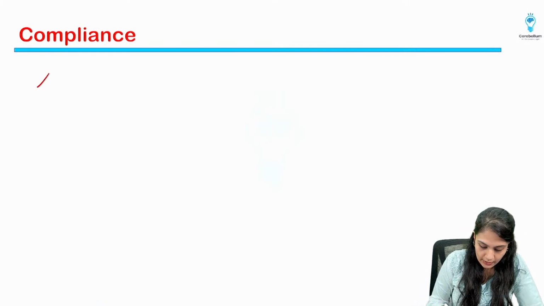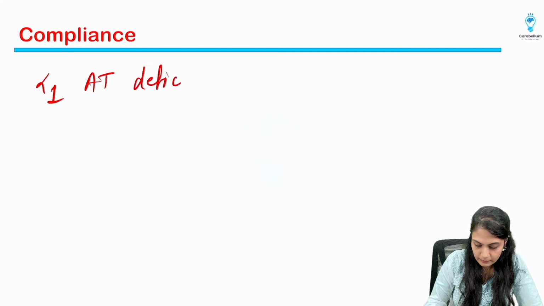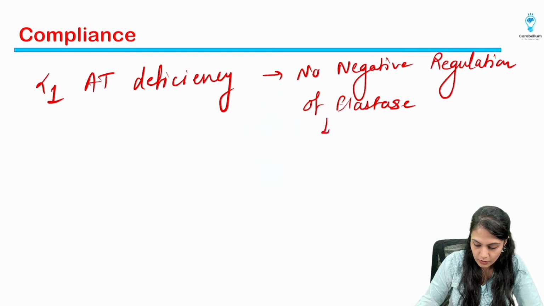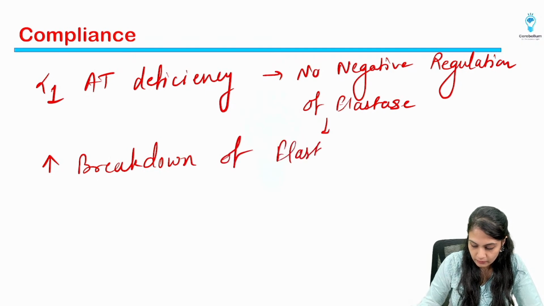In alpha-1 antitrypsin deficiency, there is no negative regulation of elastase, and because of which there is going to be increased breakdown of elastin protein.